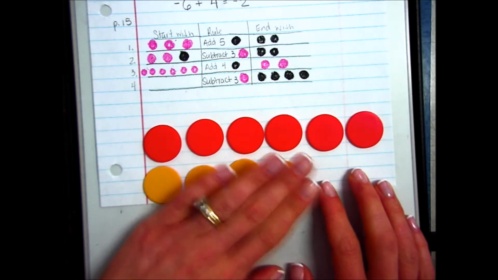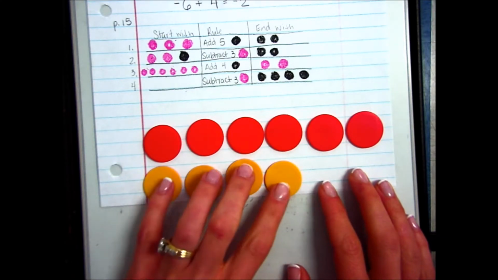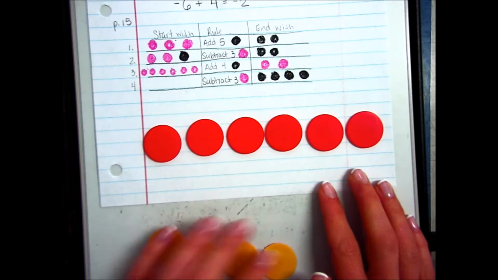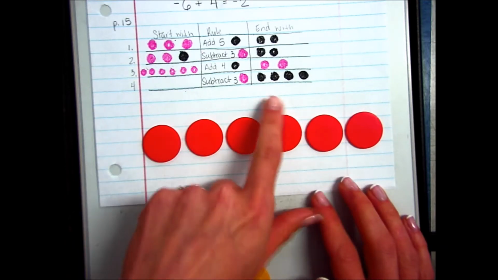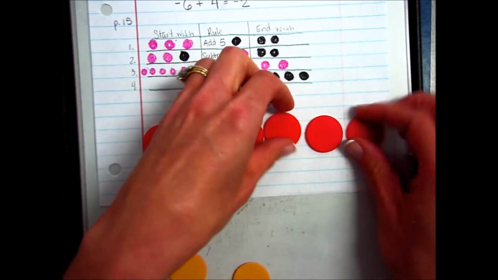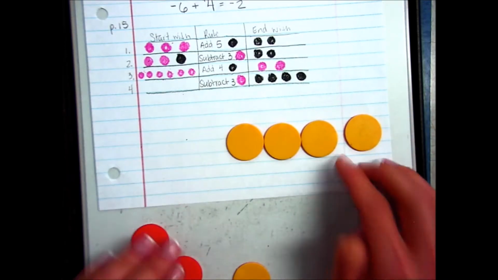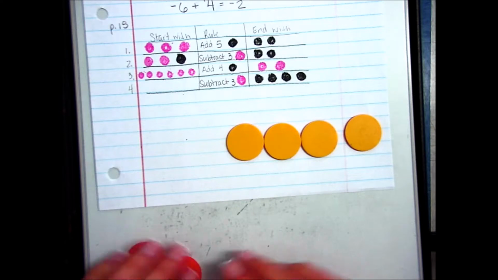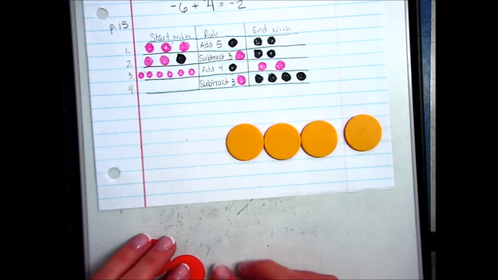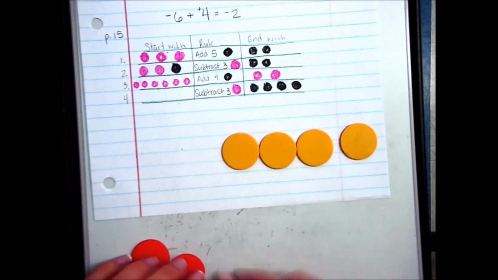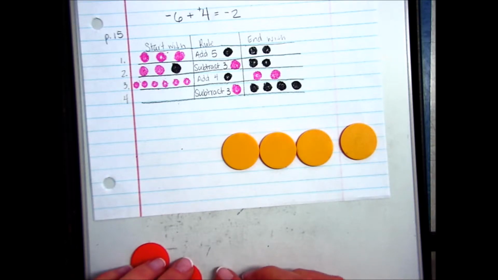Alright, and the last one, I don't know what we're starting with, but we're subtracting 3 red. And we want to end with 4 black. So, let's see. We want it to end like that. And we know we have to take away 3 red. Paige? What I did is I used the formula.